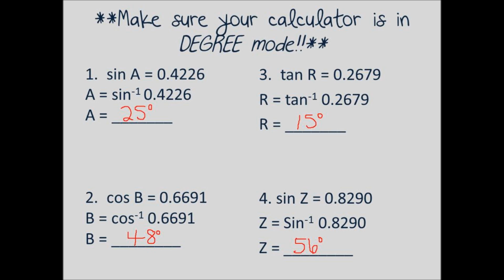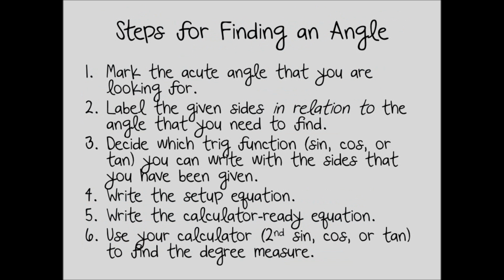Angle B is 48 degrees. Angle R in example 3 is 15 degrees. And angle Z in number 4 is 56 degrees. So now we're actually going to look at how we're using it to apply to triangles. Remember, on your worksheet you have 6 steps that will help you to find these, but we're going to go ahead and look through them each on an individual basis.